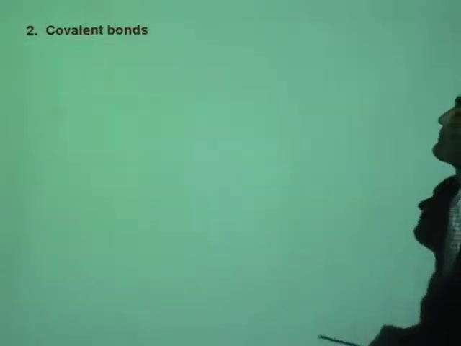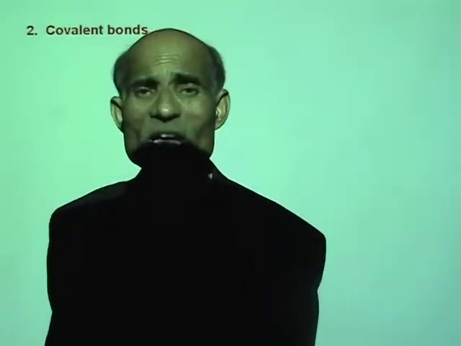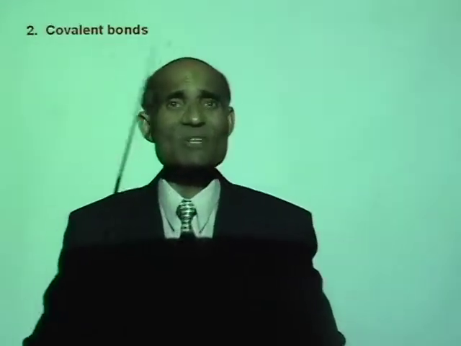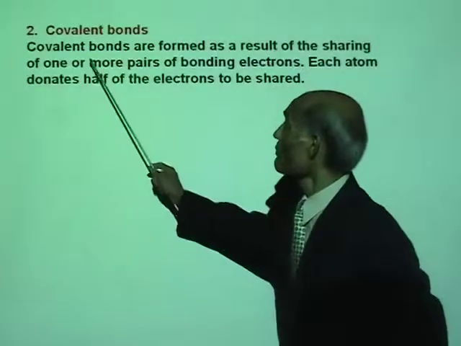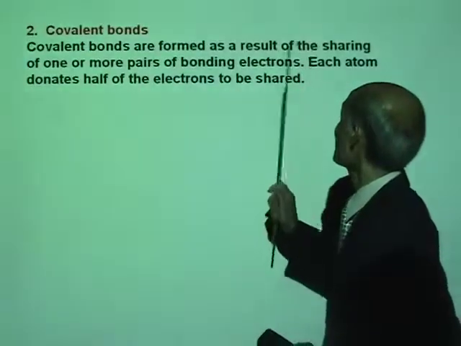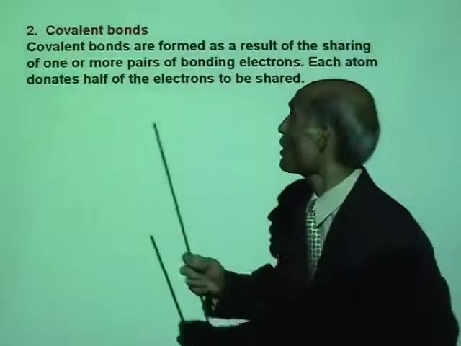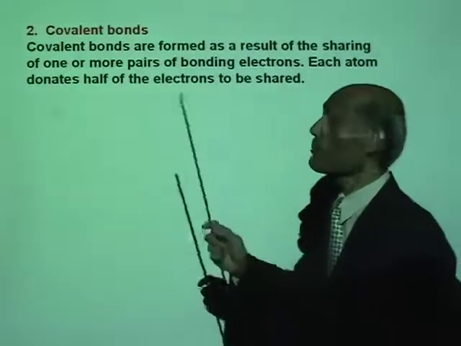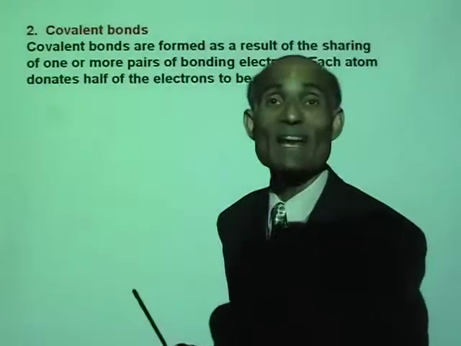Okay, let's move on. Now, another kind of chemical bond is called covalent bonds. Alright, you listen to that very carefully here. Covalent bonds are formed as a result of the sharing of 1 or more pairs of bonding electrons.